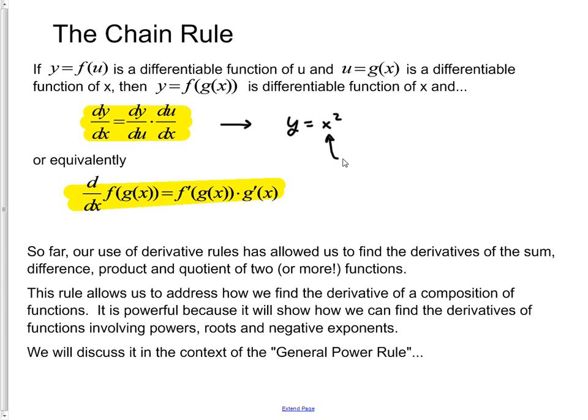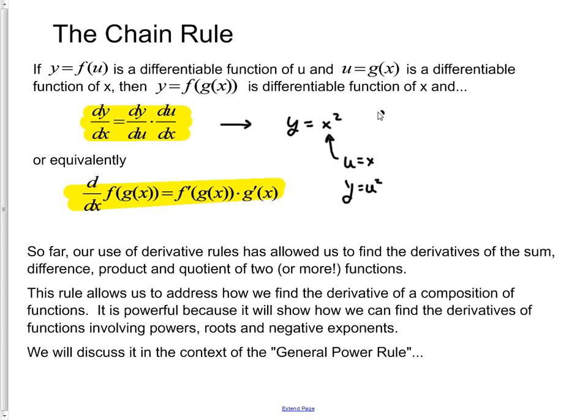In effect, we have the function u equals x, and we have the function y equals u squared, if we wanted to frame it that way. So in this case, u is equal to x and y is equal to u squared.